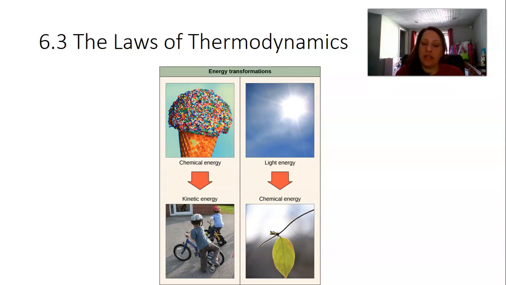Okay, and we're going to obtain chemical energy from those food sources, and yes, even from ice cream, we can obtain chemical energy, and we will transform that energy into ATP, and then that ATP can be used to do work, and that would be a transformation from chemical energy into kinetic energy, the energy of motion, the energy being used to do work. In this case, to ride a bike, right, to move those muscles.